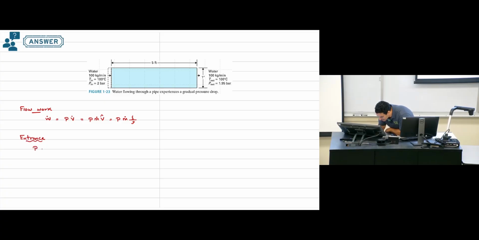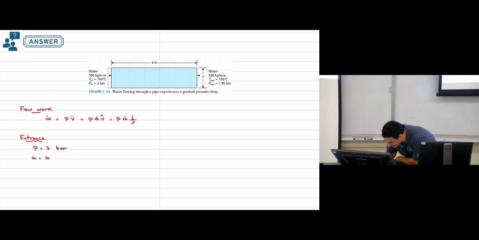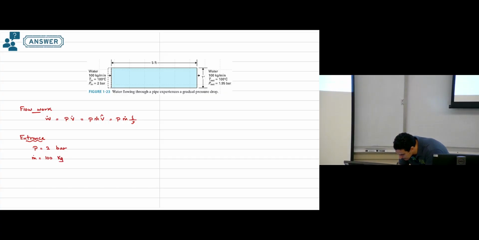The pressure at the entrance, we have it given 2 bar. Mass flow rate at the entrance, this one is 100 kilogram per minute. We have density at the entrance, 961.5 kilogram per meter cube.